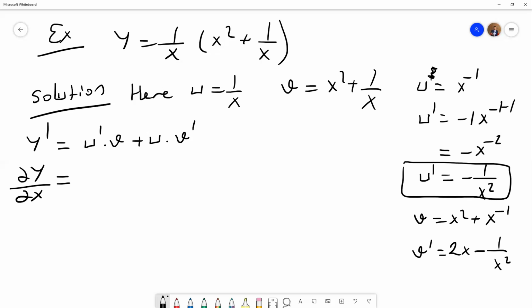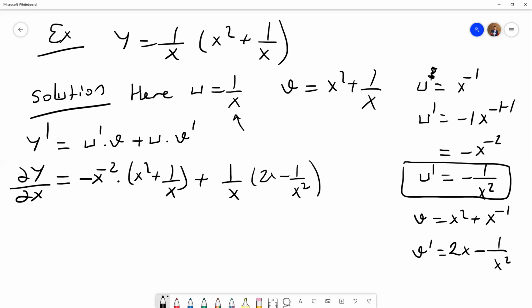is equal to u prime, which is x to the power minus 2, times v, which is x squared plus 1 over x, plus u, which is 1 over x from here, times v prime, which is 2x minus 1 over x squared.